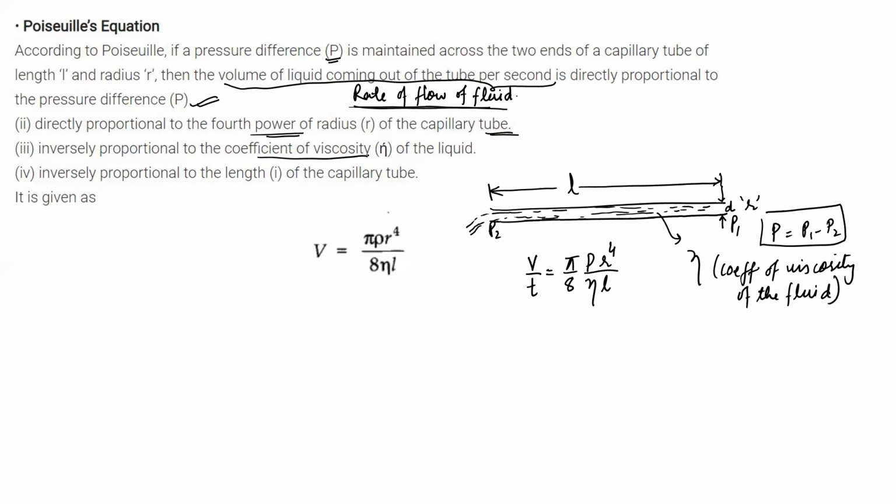It is inversely proportional to the coefficient of viscosity, as you can see directly in the formula, and also inversely proportional to the length L of the capillary tube, and it is given by V by T is equal to pi by 8 P r to the power 4 upon neta L. Here the formula is per second, so the time is 1 second, so it is written as volume over here, and it will be pi by 8 P r to the power 4 upon neta L.